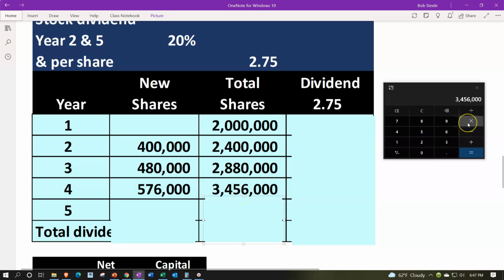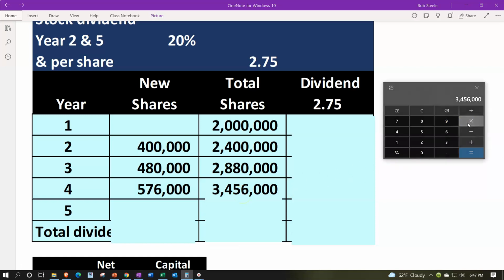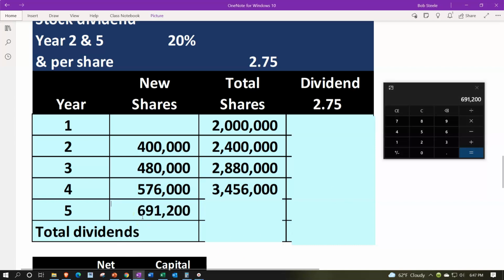3,456,000. Stock dividend year 5, finally and conclusively, we're ending on 0.2, 20%, giving us then our 691,200 plus what we had before that, the 3,456,000, and that's going to give us our 4,147,200 shares.